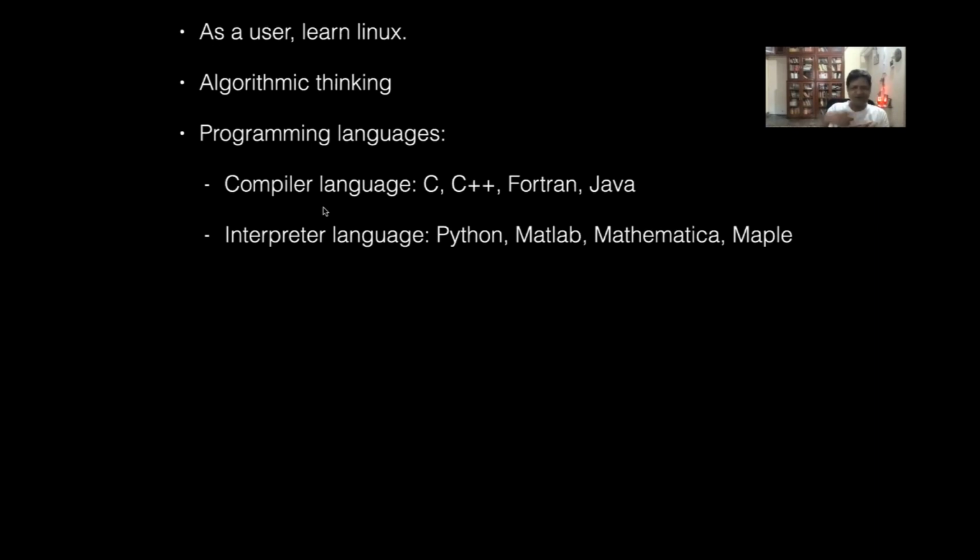It just understands zeros and ones, and it executes. So this package which converts the C code to zeros and ones, called object code, is called a compiler. But you need to give the full code to the compiler. You can't give half the code and say, well, let's see what the result of this half of the code is.